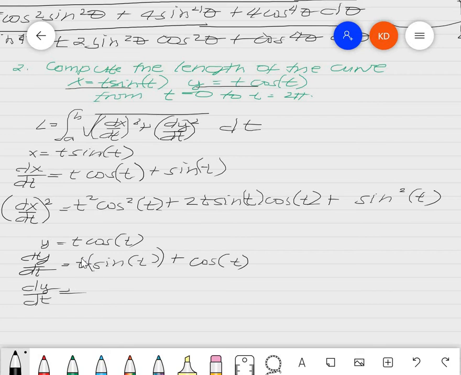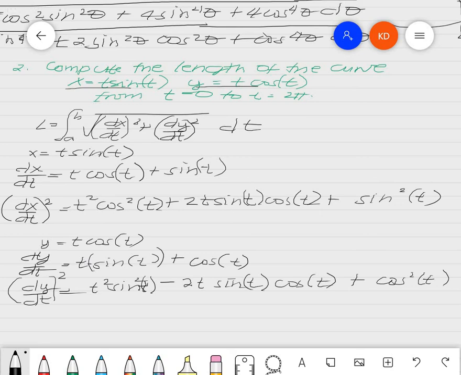Squaring it, the first term is t squared sine squared t, minus 2t sine t cosine t, plus cosine squared t. So we have this as our dy over dt quantity squared.